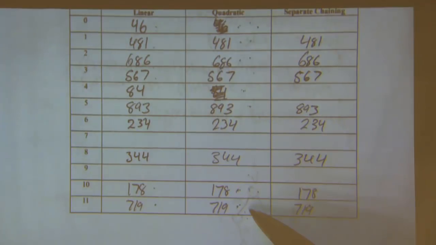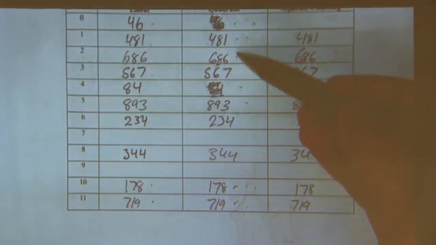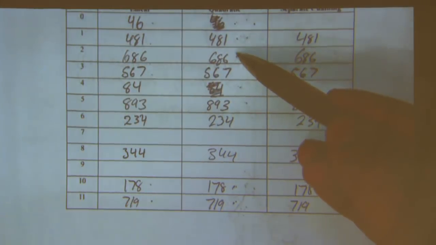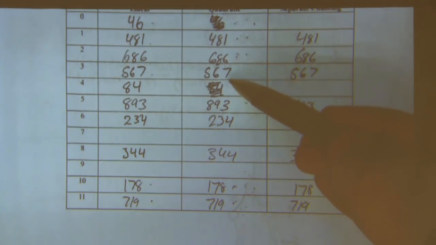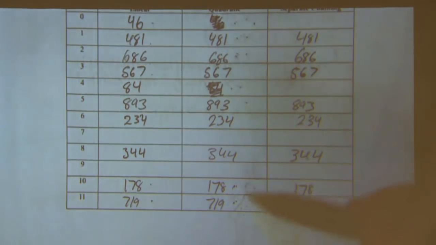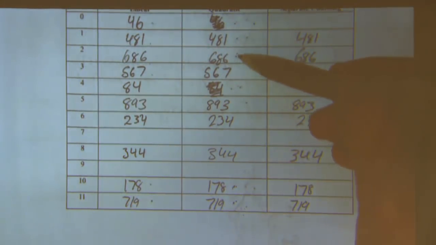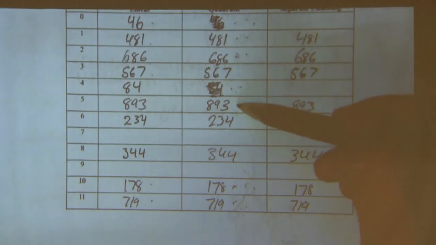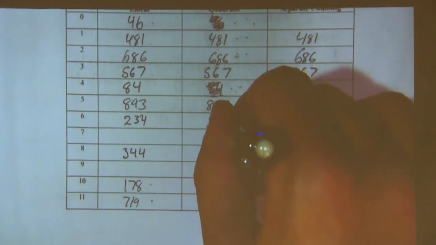And so I go 2 squared away, which is 1, 2, 3, 4, and that doesn't work, right? And so I go 3 squared away, which is 9. So 1, 2, 3, 4, 5, 6, 7, 8, 9.